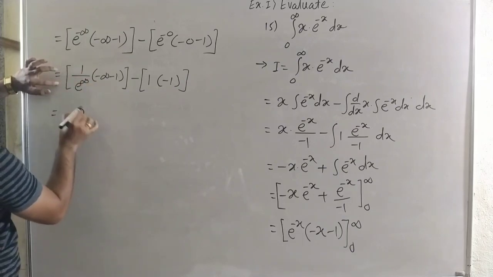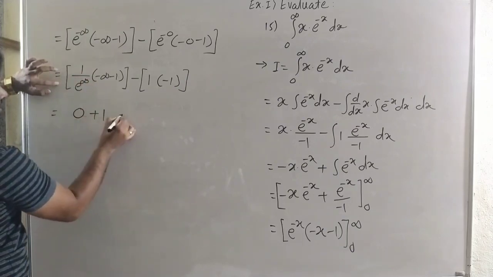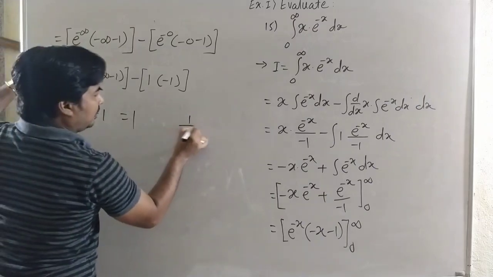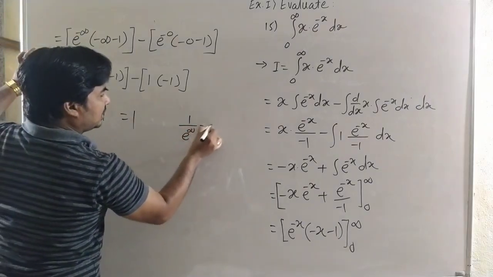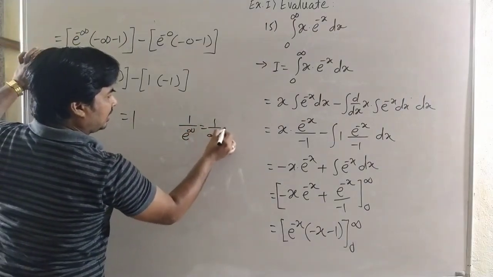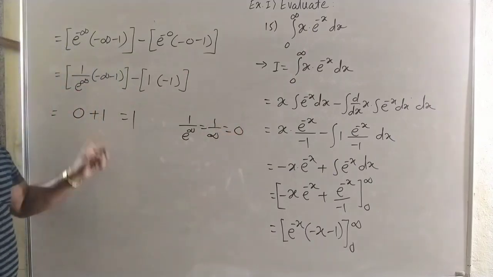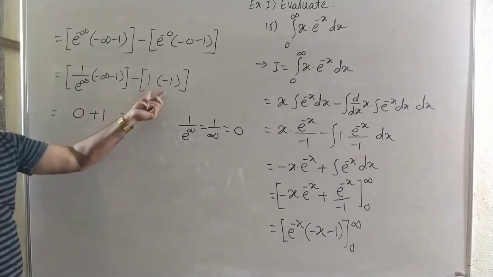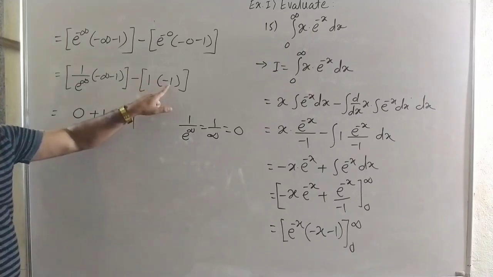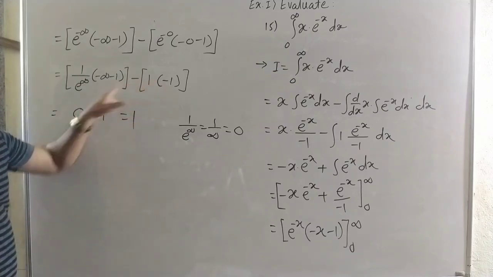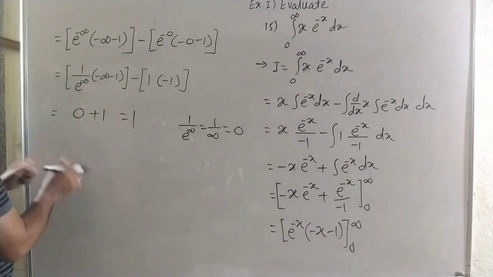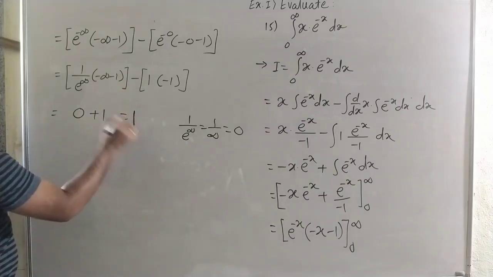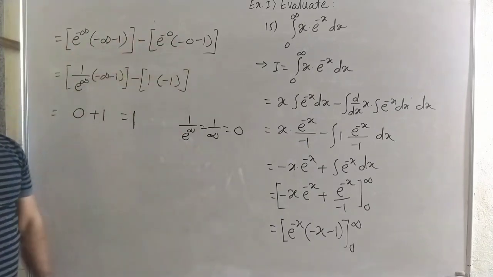So the first term will be 0 and it is 1. Here 1 upon e to the power infinity, it is 1 by infinity, and 1 by infinity is 0. Okay. Here 0 into this term is 0, it is minus 1, minus 1, it is 1, and then it is plus 1. It is the last answer. Okay, see carefully, check the calculation.